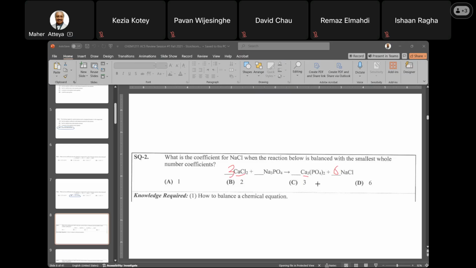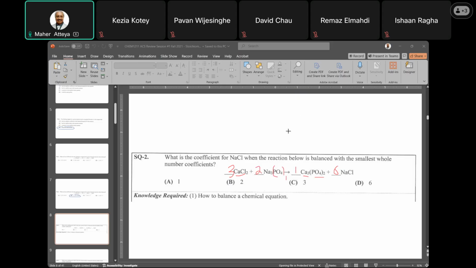Now the phosphate as a whole group is 2 groups. I can make a virtual parentheses here and say this is 1, so nitrogen is 6, so I have to put 2 here. So 2 phosphate, and this is 1 understood nitrogen.